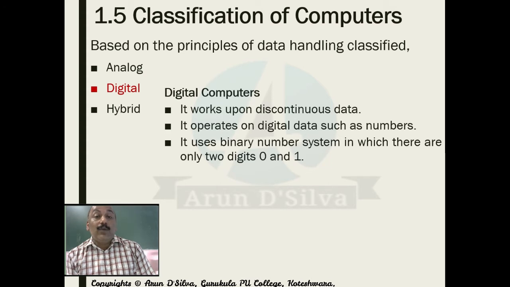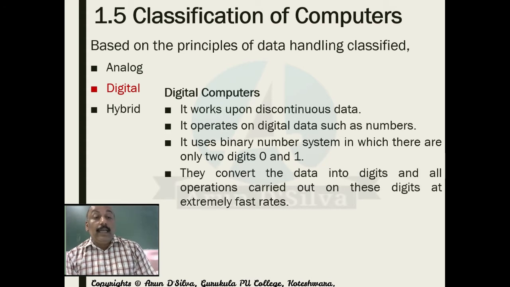So only 2 digits will be there, and they convert the data into digits, and all operations carried out on these digits are at extremely fast rates. So that's the reason it becomes very famous.